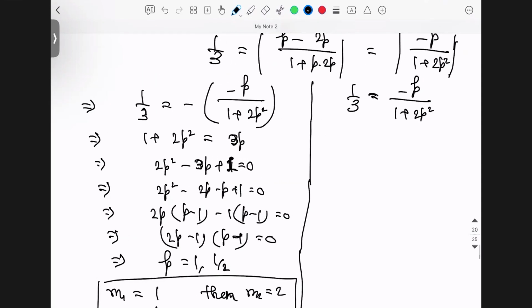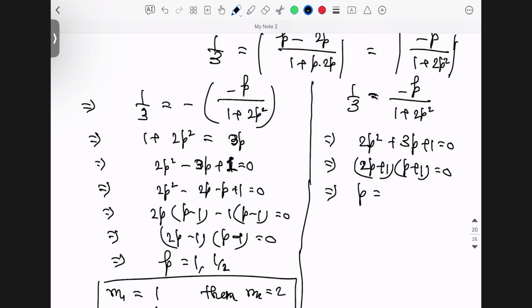If I calculate it, we will get 2p squared plus 3p plus 1, which ultimately gives us (2p plus 1)(p plus 1) equals 0.